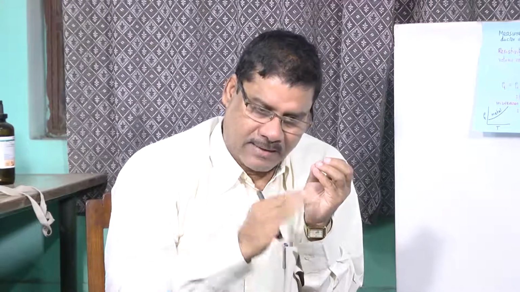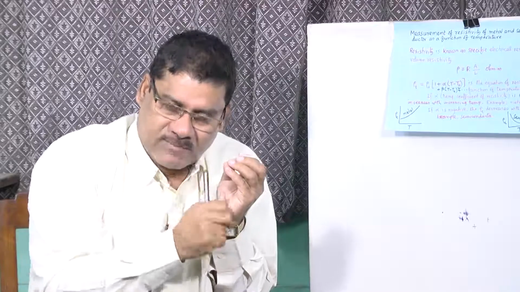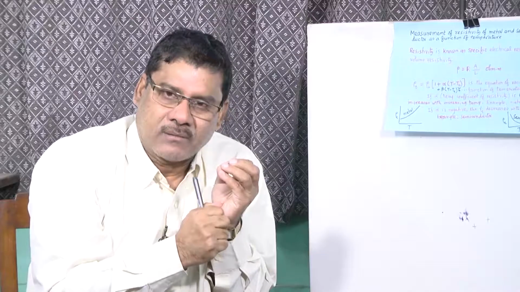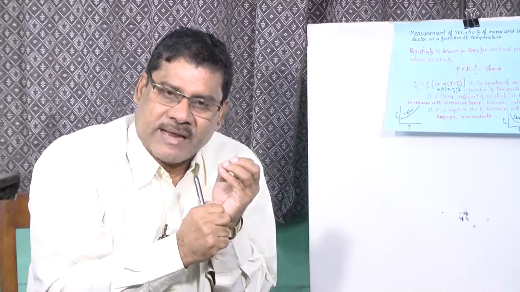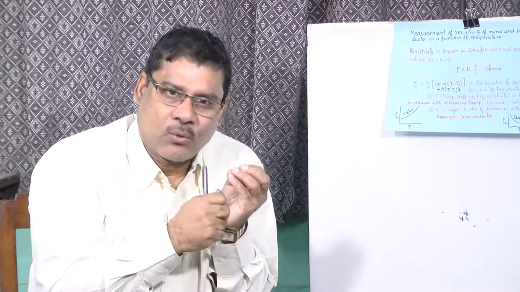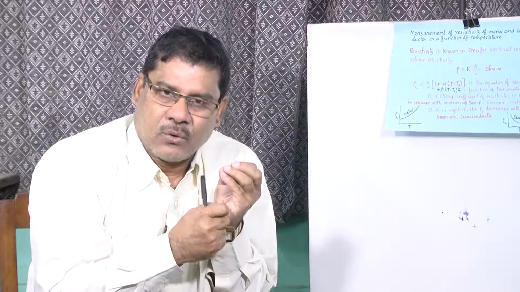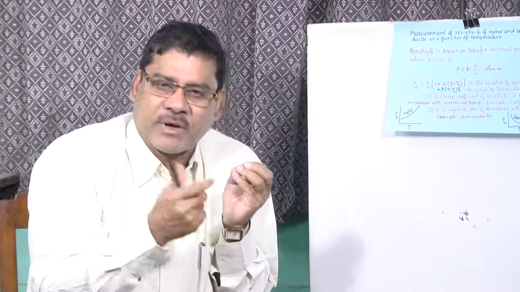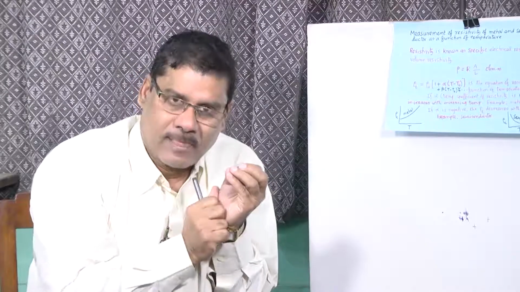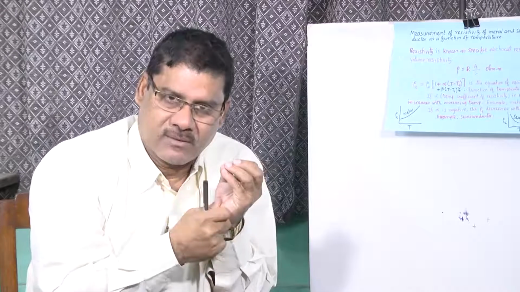So, now at lower temperature T0, the initial temperature, if it is small, less than room temperature, or close to zero temperature, 0 degree Kelvin. Okay. So, then it is just a perfect insulator.